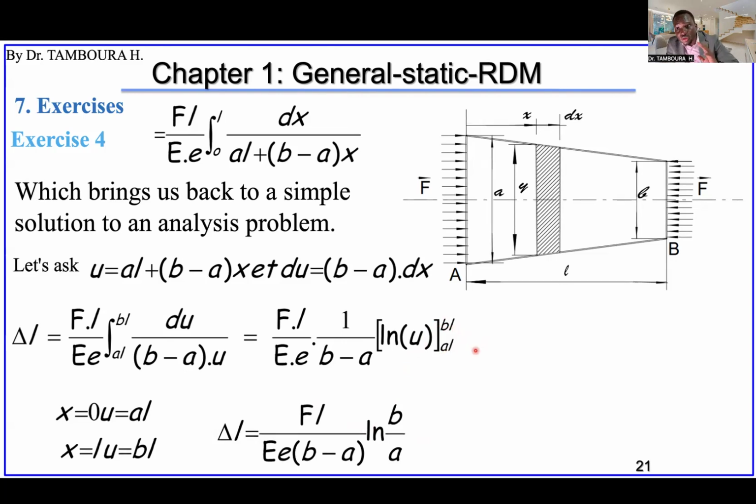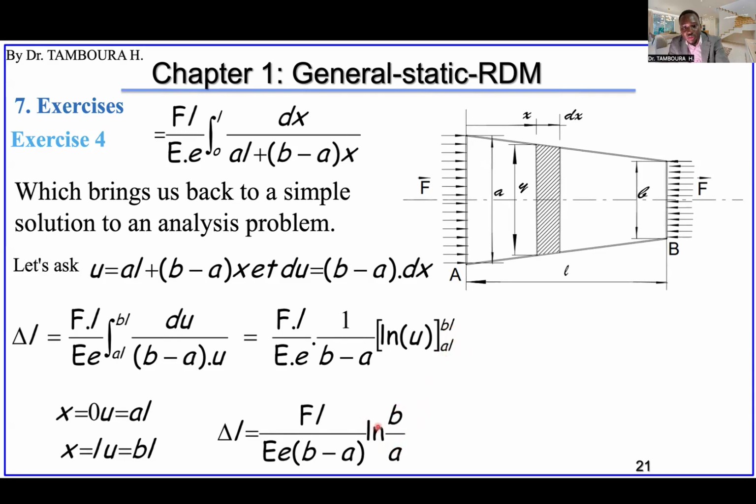And as one of the properties of the logarithmic function, if you have ln of A minus ln of B, you can say that it is ln of A divided by B. So here, if you divide bL by aL, you can simplify, drop the L. It will be b divided by a.